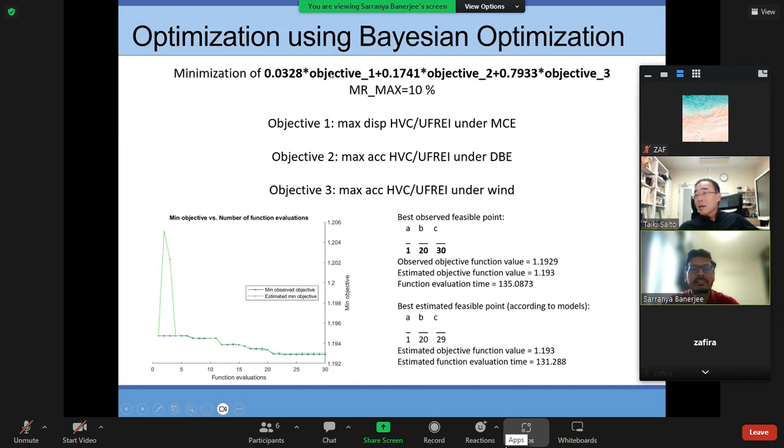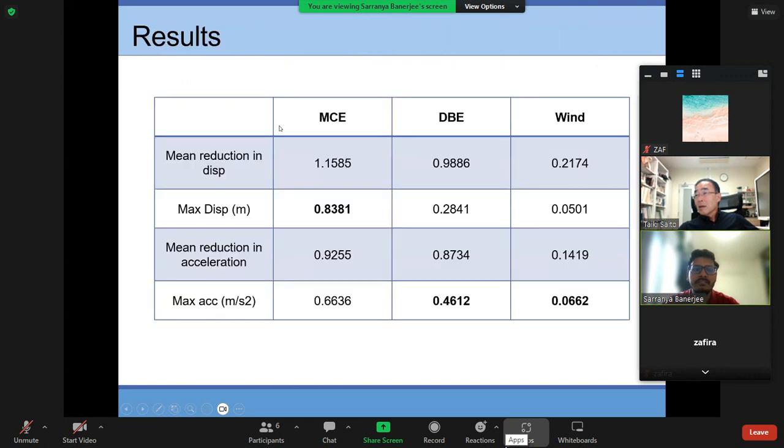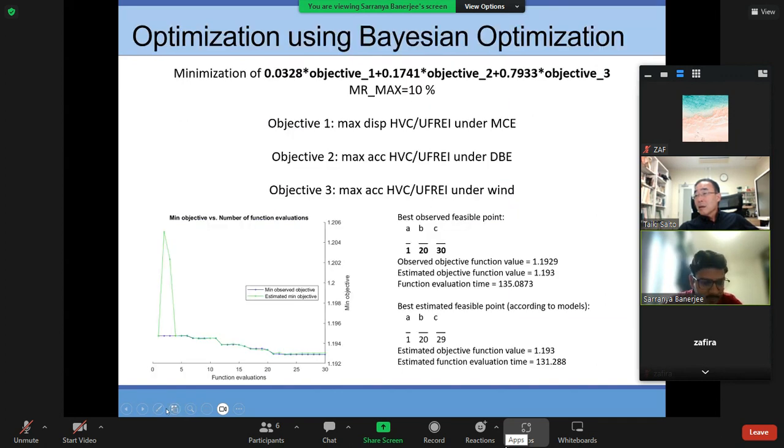So in this case, I have kept the individual objectives the same. The first objective would be to reduce the maximum displacement under the maximum considered earthquake hazard. The second objective would be to reduce the maximum acceleration under the design basis earthquake hazard.